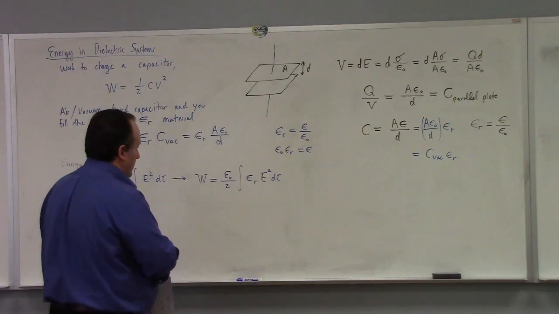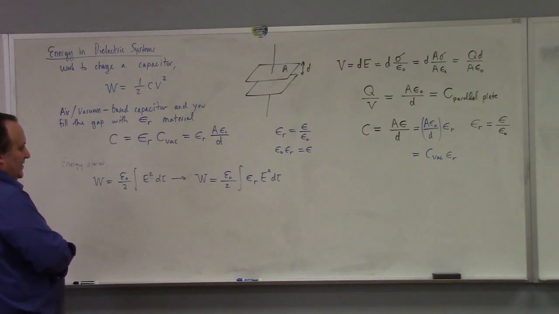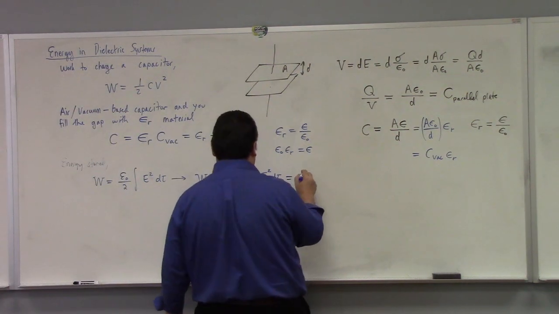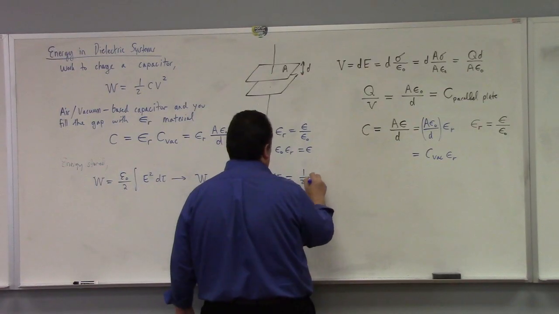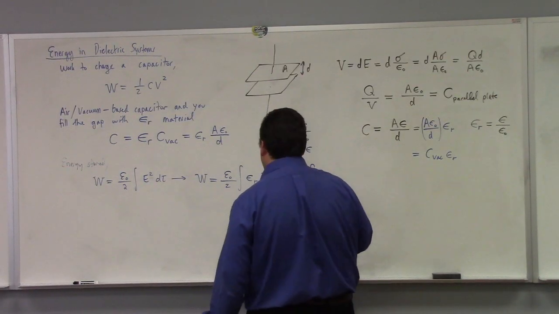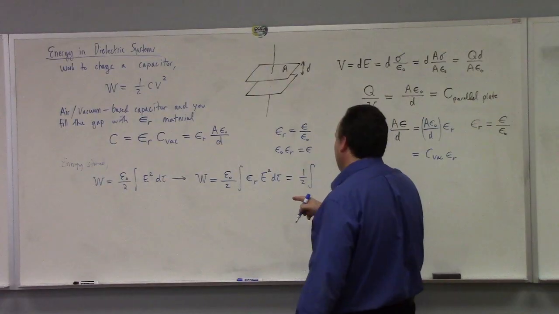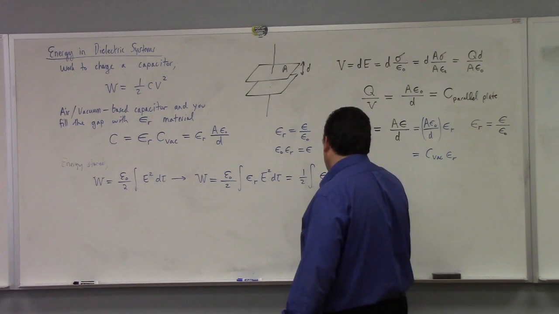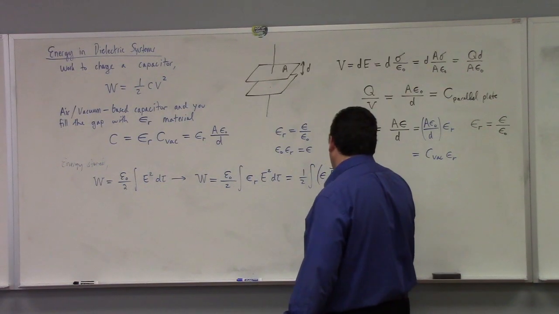Now that I've got my notation in order, we can trade that: epsilon times epsilon naught times epsilon r is epsilon. So we've got epsilon E vector dot E vector, right?